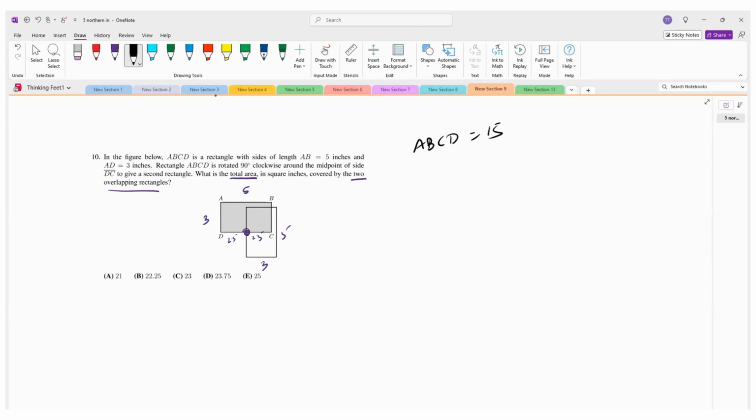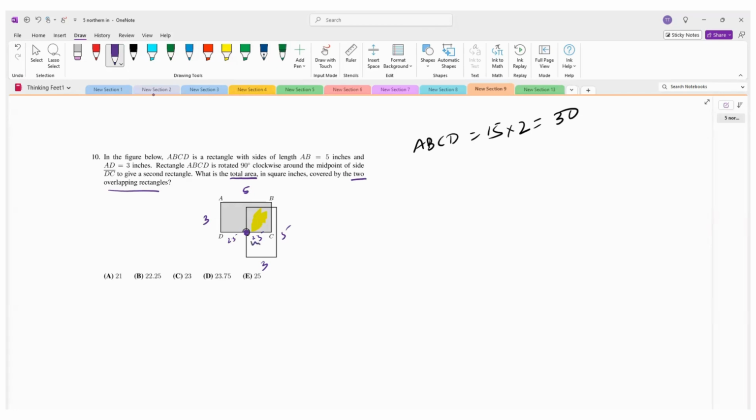So the first thing I'm going to do, I'm going to do 15 times 2, the total area of two rectangles, ignoring the overlap. So I get 30. Now that 30 double counts this yellow portion, right? Because I'm counting it for the horizontal one and the vertical one 2 times. So then essentially what we need to do is figure out the area of that yellow portion and subtract it, right?